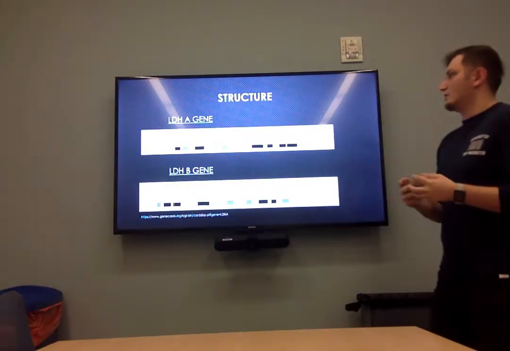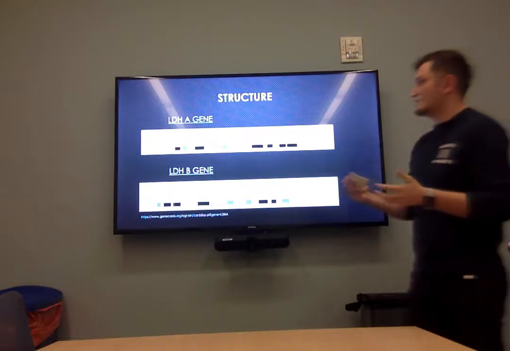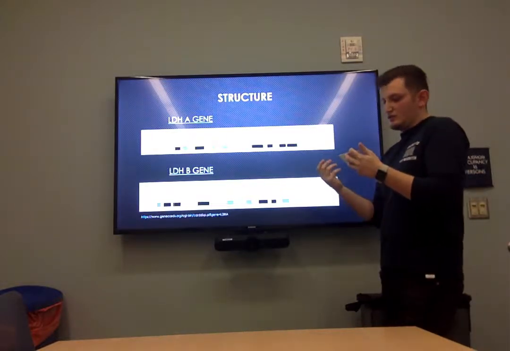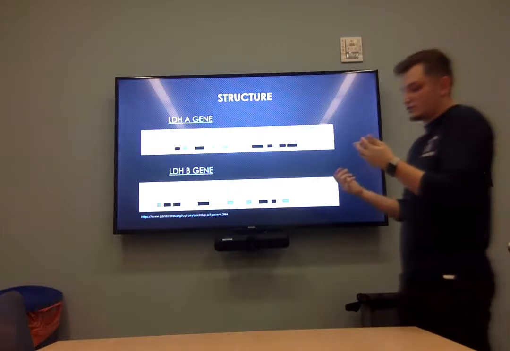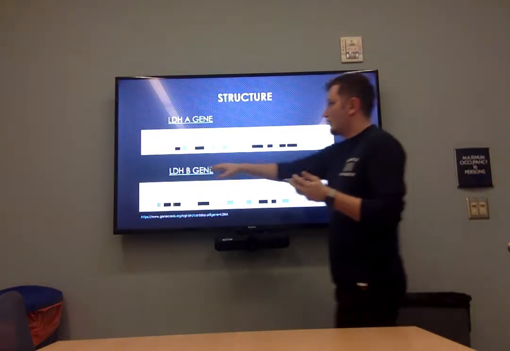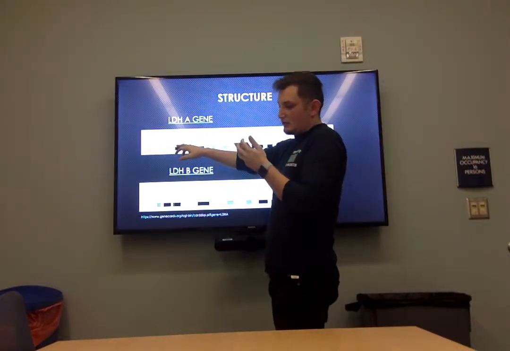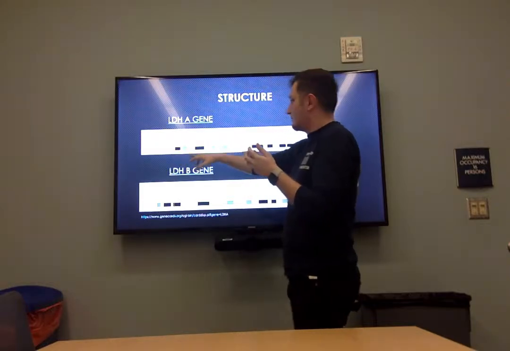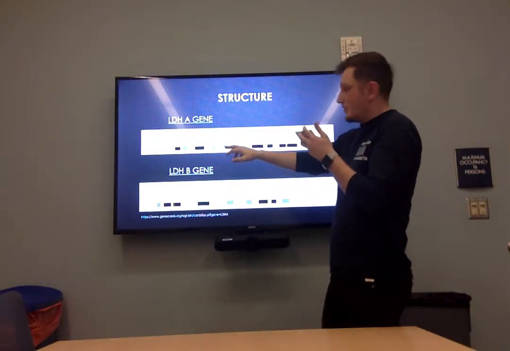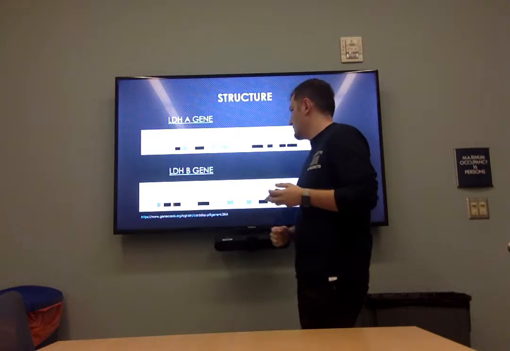So looking at the structure of the gene, the LDHA gene is located on chromosome 11, short arm p, right over here, region 1, band number 5, and subband number 1.